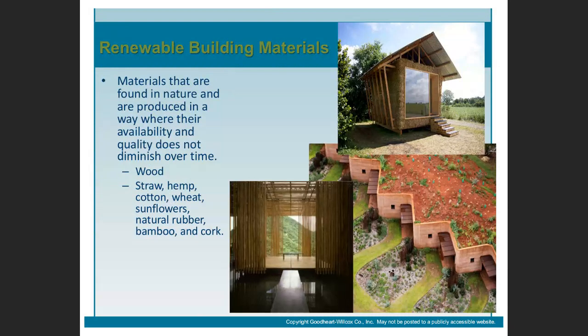If possible, we want to build with renewable building materials, materials that are found in nature and produced in a way that their availability and quality does not diminish over time, right? So obviously wood is a renewable building material, but it's renewable if the forests that wood comes from are managed sustainably, right?